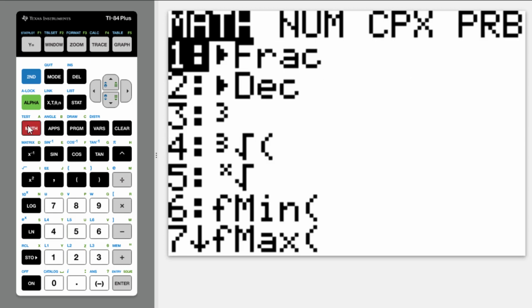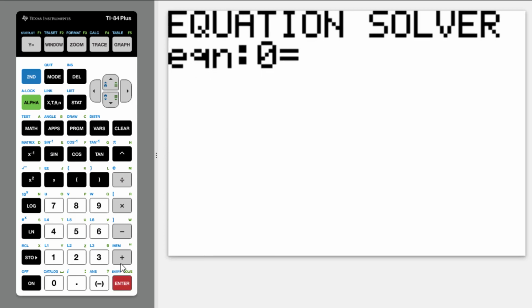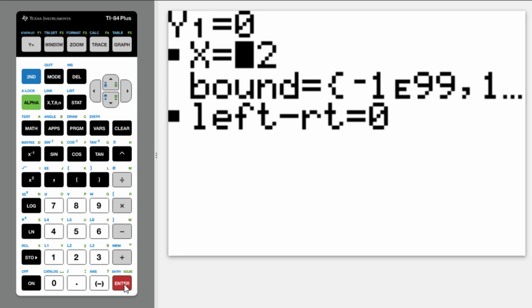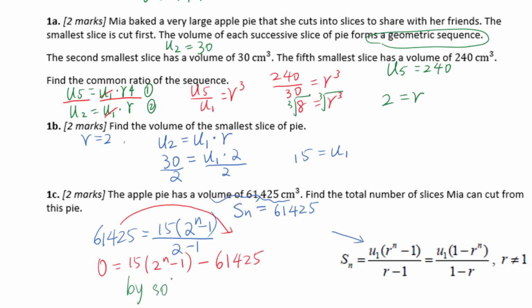Go to math, up arrow, enter. Alpha trace, y1, enter. Put 10 as an estimated value. Alpha, enter. Answer is 12. By solver, n equals 12.